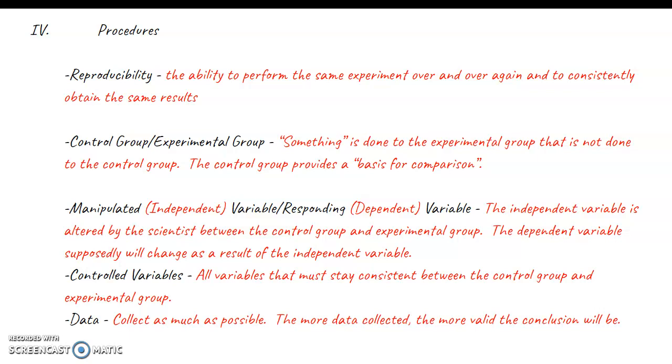Along the way, again, one of those things that's easy to understand but hard to actually achieve is that the person in charge of the experiment must have good controls, or you would say controlled variables. As it states on the screen, these would be all the variables that must stay consistent between the control and the experimental group. For instance, I wouldn't want to give my 2 different groups 2 different tests.